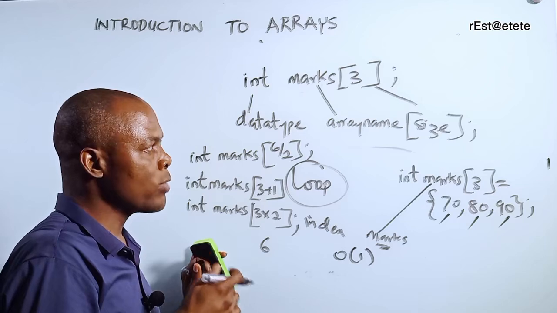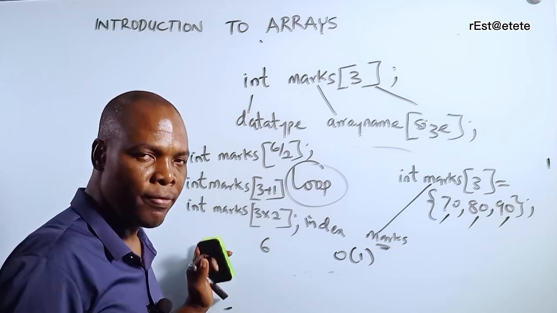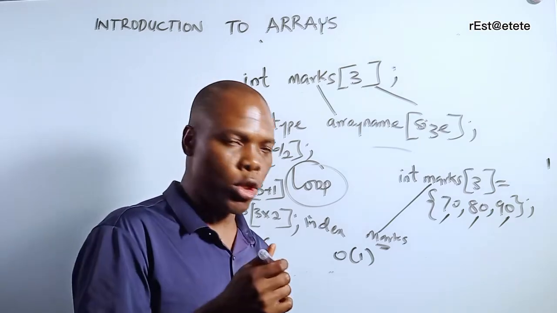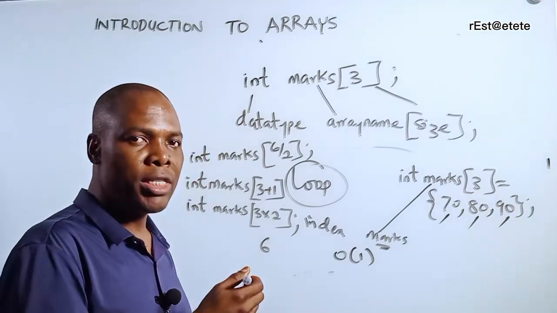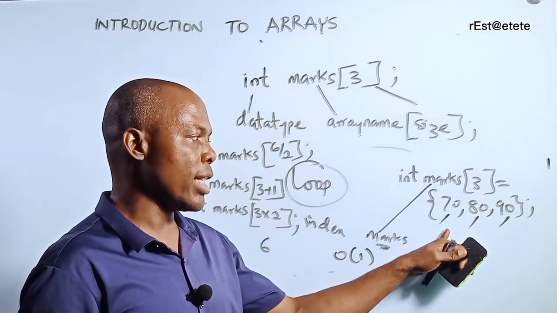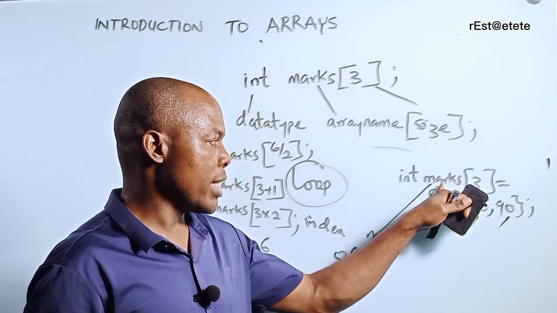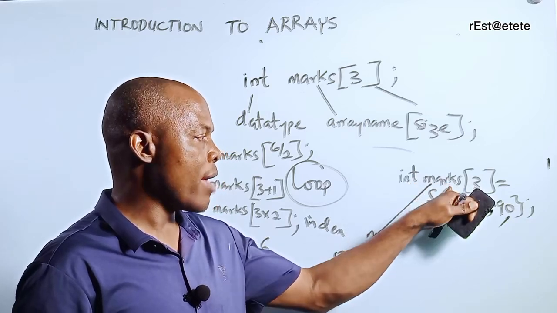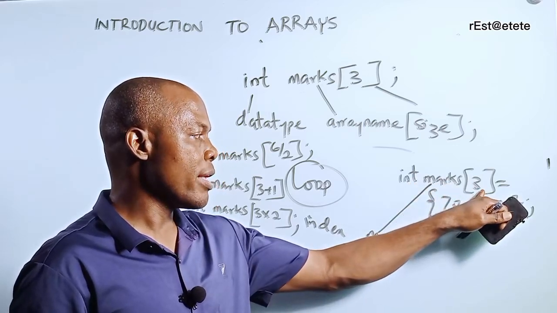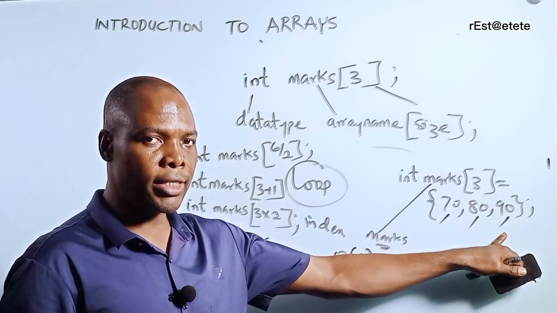In the next class, we are going to look at the properties of an array, and then we'll continue with how to initialize an array. This is actually how to initialize an array: you declare an array, data type, array name, the size of the array, and then you initialize it.